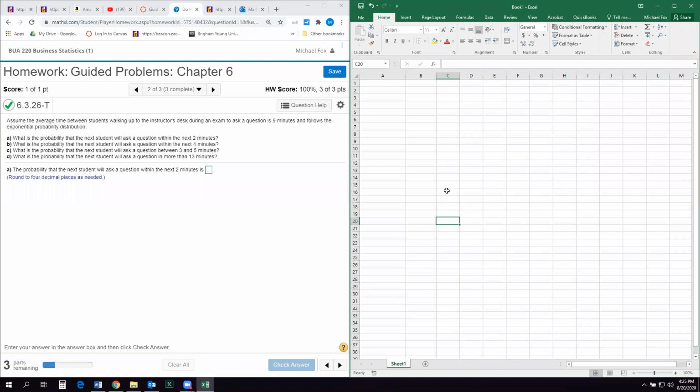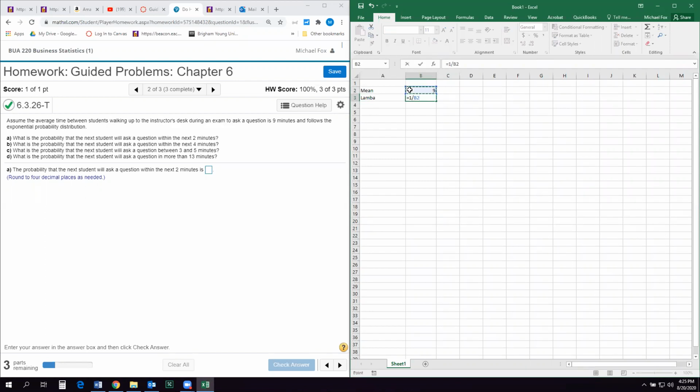All right, so here's the second problem. Assume the average time between students walking up to the instructor's desk during an exam to ask questions is 9 minutes and follows the exponential probability distribution. So for exponential, we have to do this thing called lambda. The mean or average is 9 minutes, and lambda is just 1 over the mean.